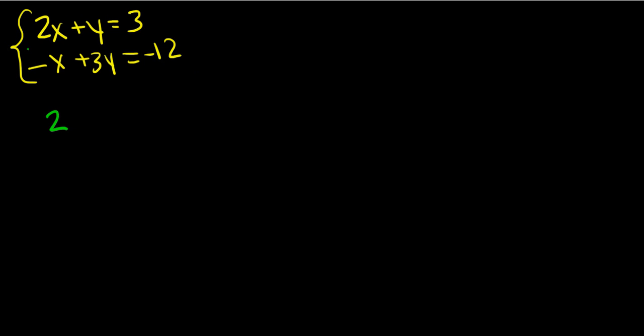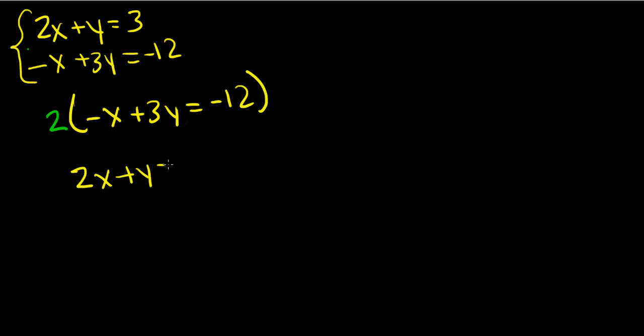So we have, let's keep the first row, 2x plus y equals 3, and then we're going to multiply the entire bottom row by 2. So our new system of equations would be 2x plus y equals 3 over negative 2x plus 6y equals negative 24.